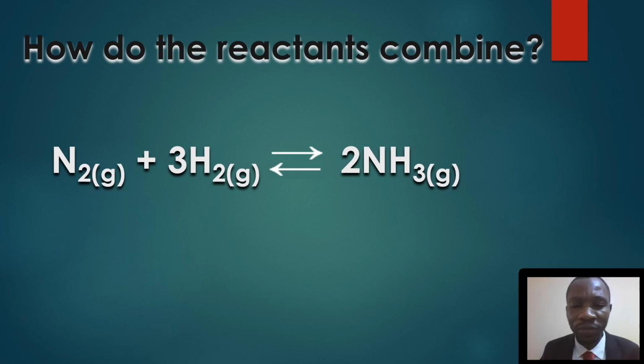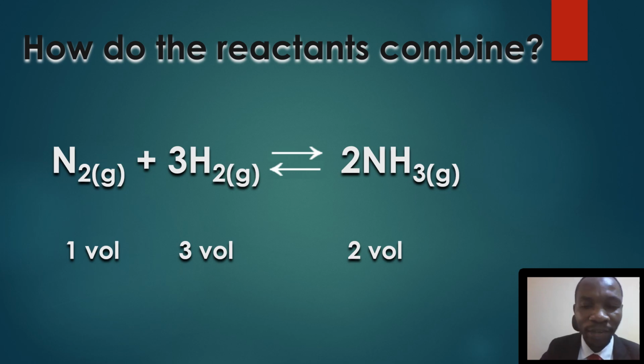That mole ratio will be the same as the reacting volumes. So this means 1 volume of nitrogen will combine with 3 volumes of hydrogen to form 2 volumes of ammonia.